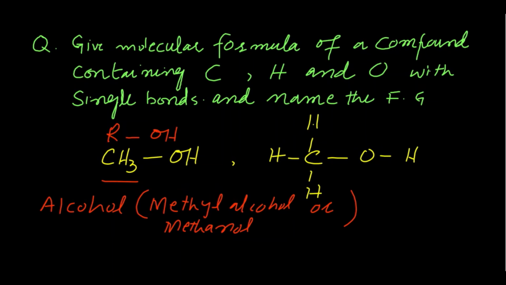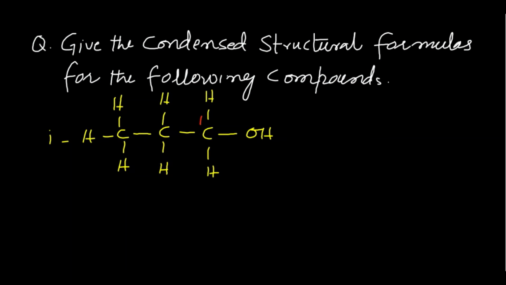Now let's see what is the next question. In the next question, we are asked to give the condensed structural formulas for the following compounds. A compound is given in front of us and we are asked to write its condensed structural formula. To write the condensed structural formula, we do the numbering of this compound 1, 2, 3.